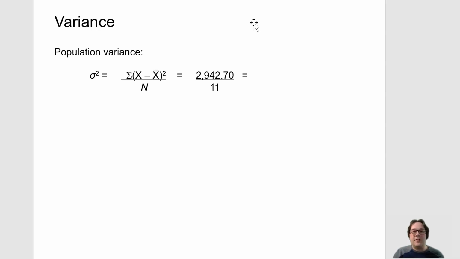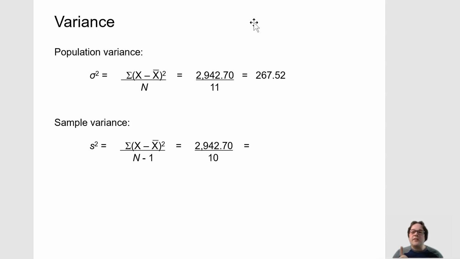To calculate population variance, we take our sums of squares and we divide by n, and we get a population variance of 267.52. Okay, so let's see what happens when we take the same sums of squares and divide by degrees of freedom, or n minus 1.